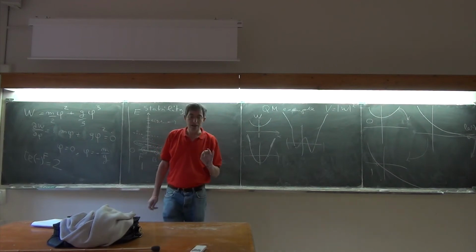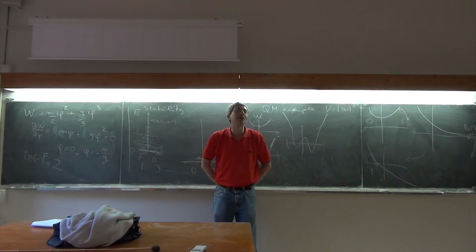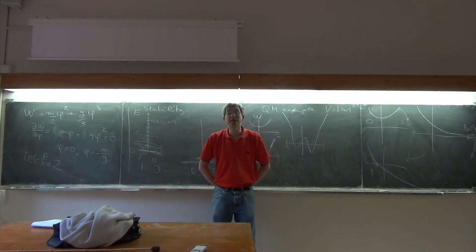Okay, so that's another statement that you can make when you compute the Witten index. Even if the Witten index is 0, if you know that there is a vacuum, you're not in a runaway situation, then there must be another one.